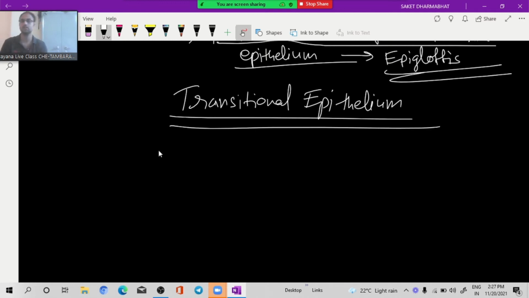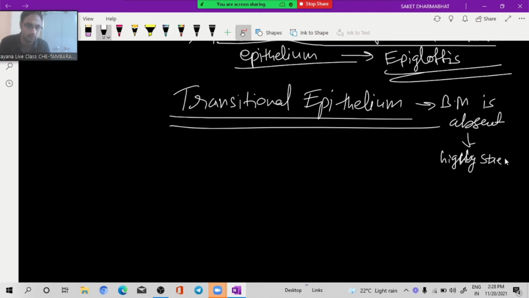In this transitional epithelium, the only epithelium in which what is absent? Basement membrane. Yes, it is absent. So, because of this, transitional epithelium is highly flexible, highly stretchable.